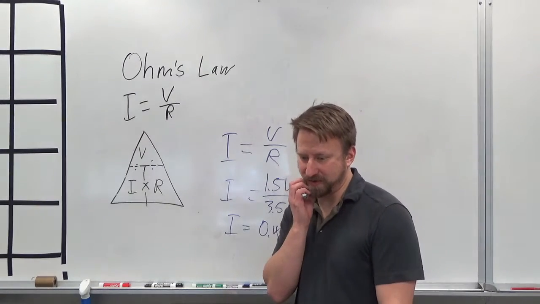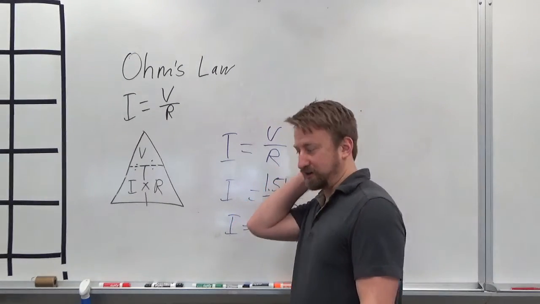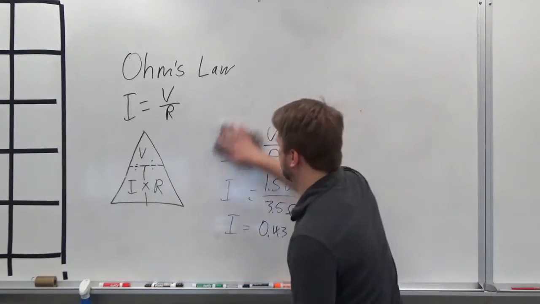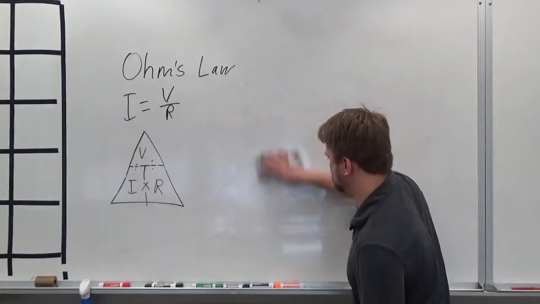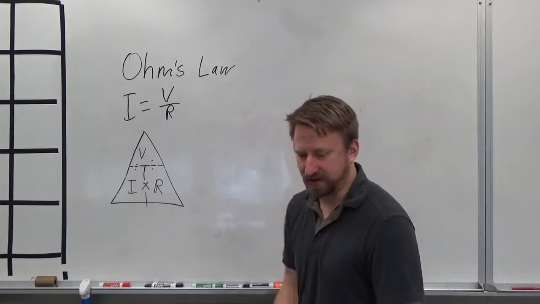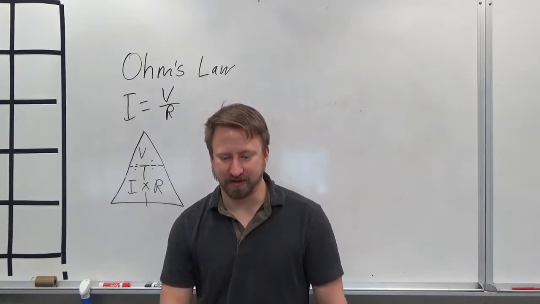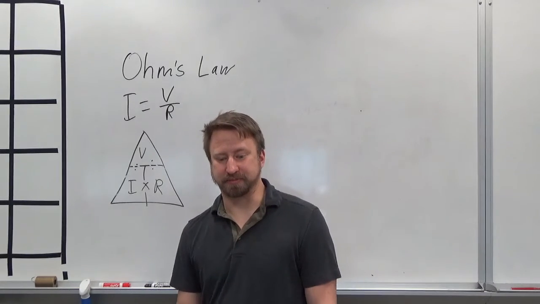Let's try another one. Let's try number 4, the microwave problem. Number 4: the current in a microwave oven is 6.5 amps.